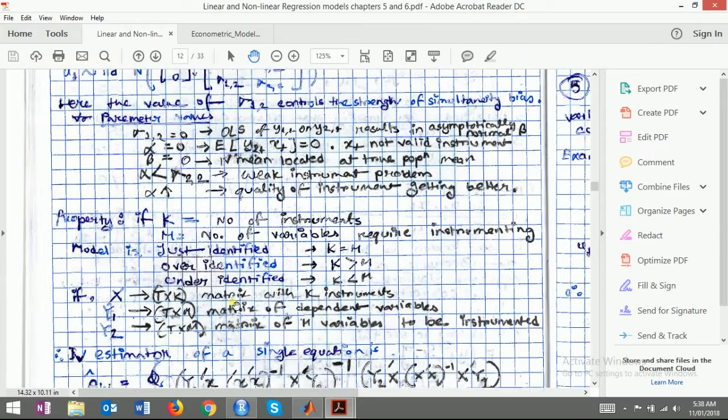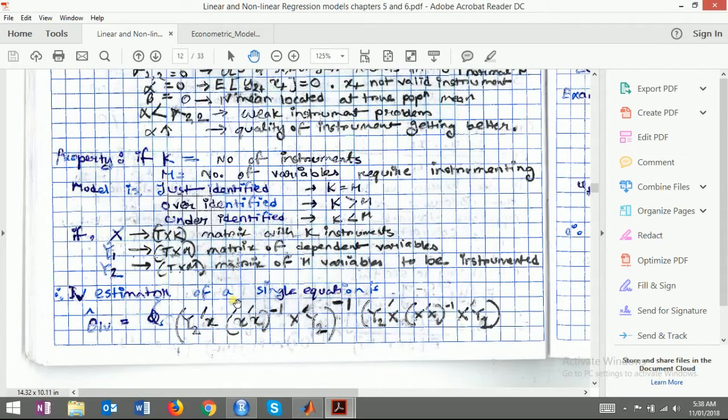So the properties: k equals the number of instruments, m equals the number of variables that require instrumenting. So k is the number of x's, m is the number of y's. The model is just identified when k equals m. Over identified when k is greater than m, that means you have more x's than y's. Under identified when k is less than m, when you have fewer x's than y's.